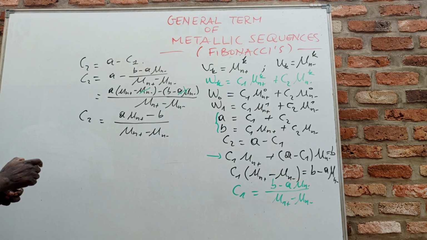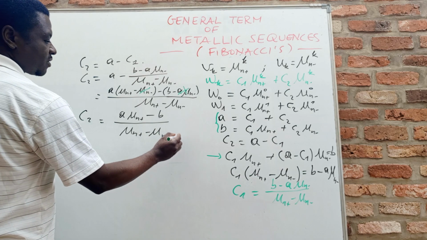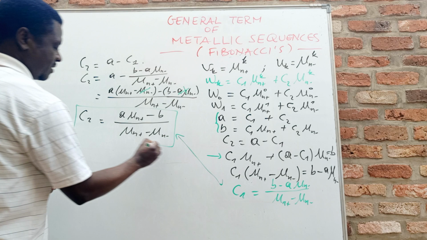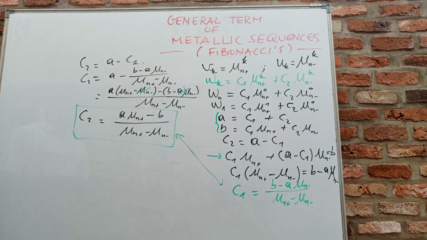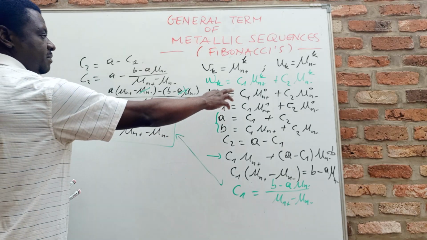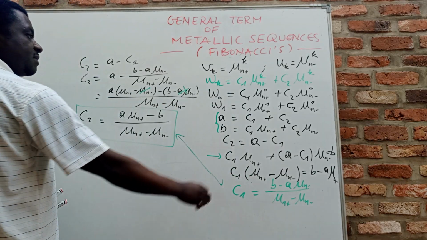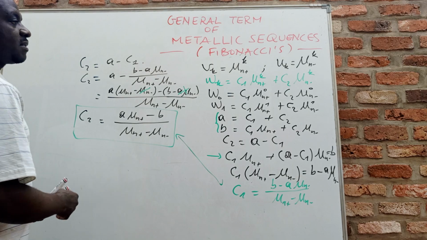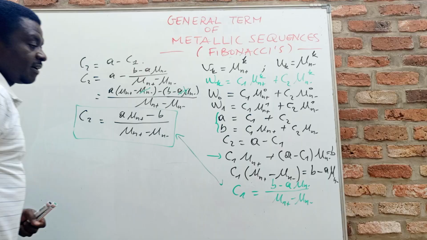So C1 is here and C2 is here. We have these constants, and here we can now find the general term given by C1 times this power plus C2, which is this quantity, times that power.